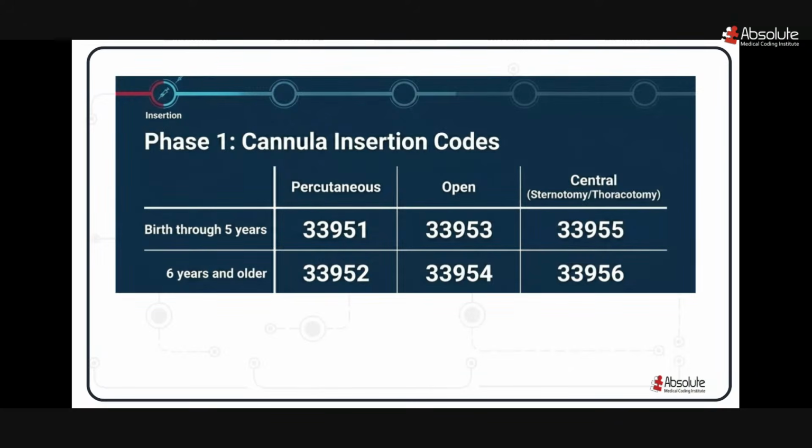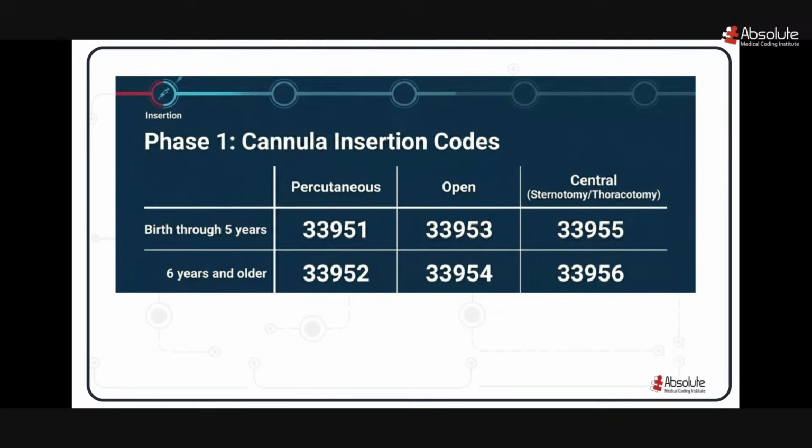First one is, how old is the patient? And the second question is, what type of insertion approach was used? If you can answer those 2 questions, you are already halfway to the correct code, because CPT codes are divided in this section based on the age as well as the approach.